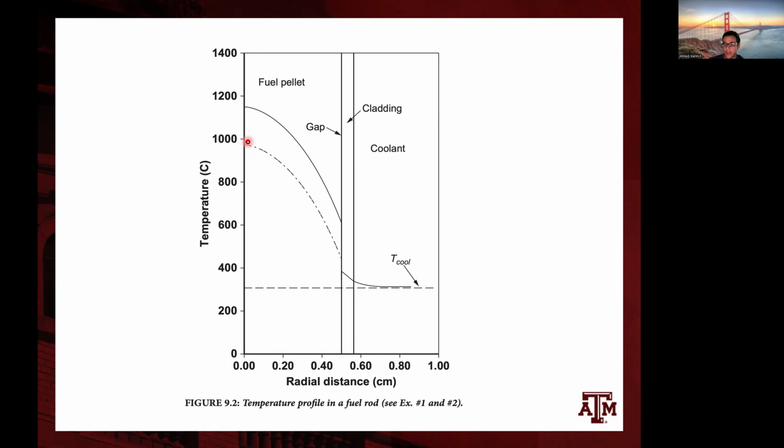Of course, you can see that this problem is central to the safety and performance of fuel and the entire core or power plant, because you want to make sure the temperature is not high enough to melt the fuel, which is usually a very extreme situation, but also that it doesn't melt the cladding or lead to what we call breakaway corrosion of the cladding, which, for example, happened in the Fukushima accident.